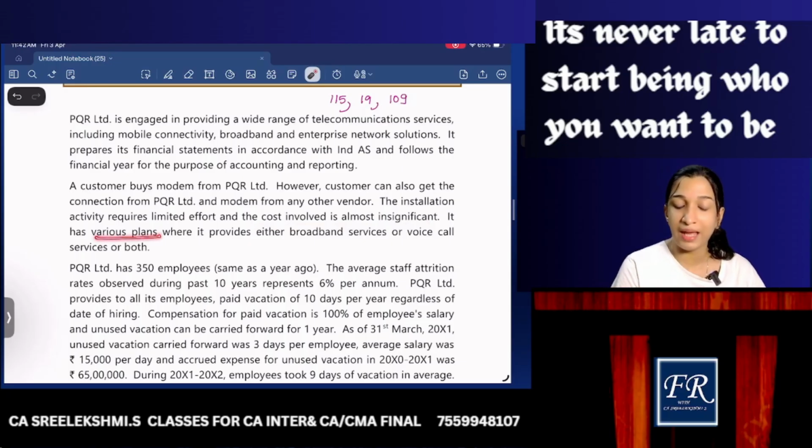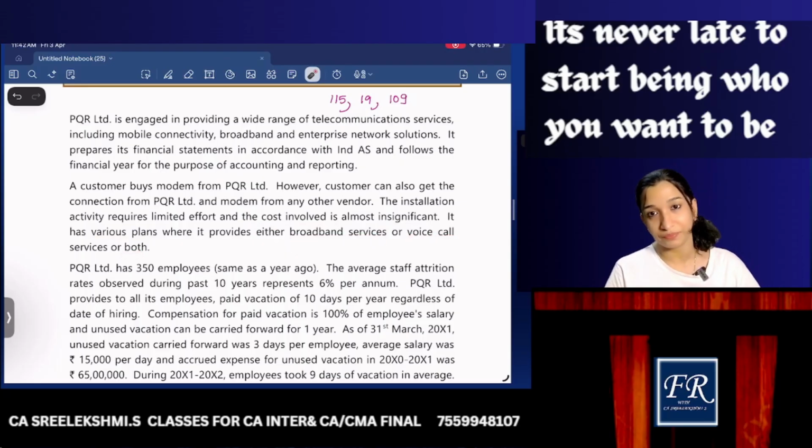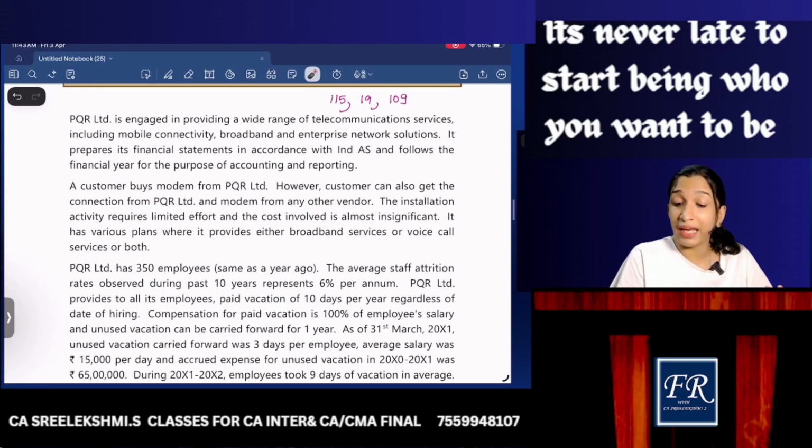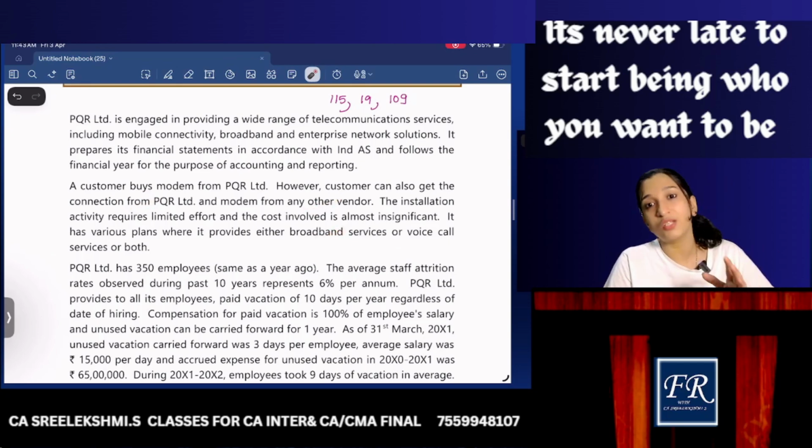It has various plans where it provides broadband services or voice call services or both. So PQR Limited is giving modem, and they are trying to say modem can be bought from any other vendor. We'll sell connection separately. The customer can get broadband, voice call services or both.